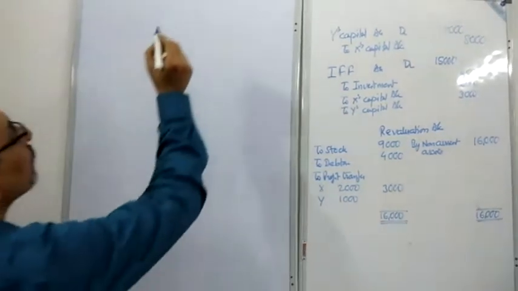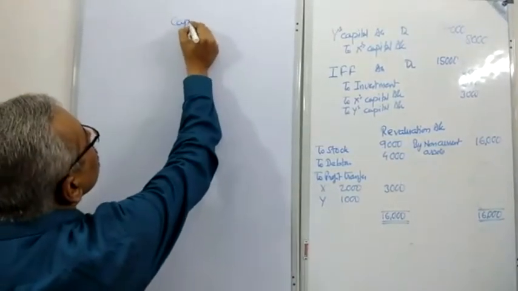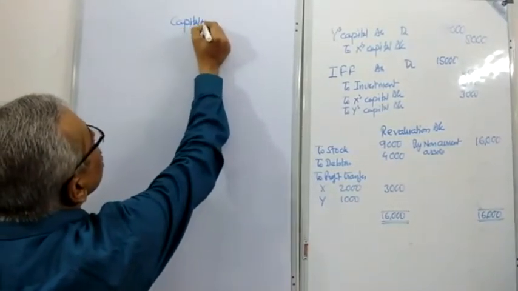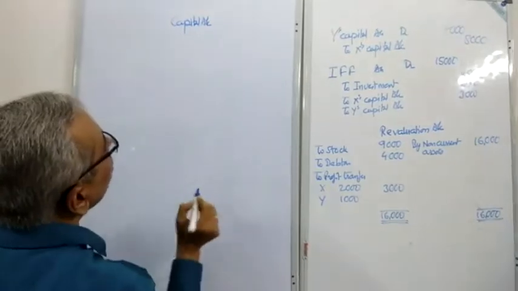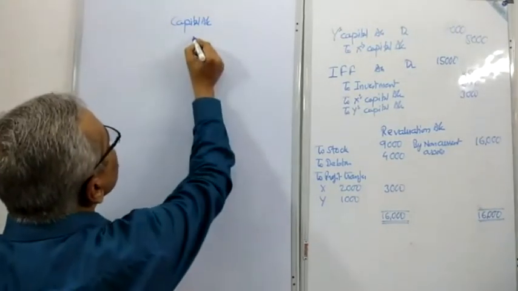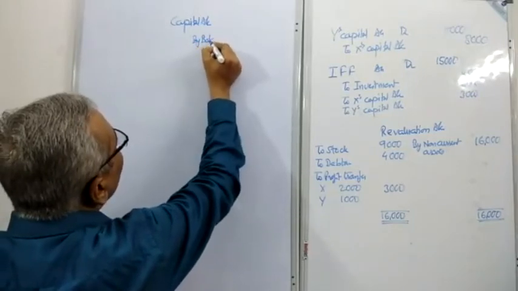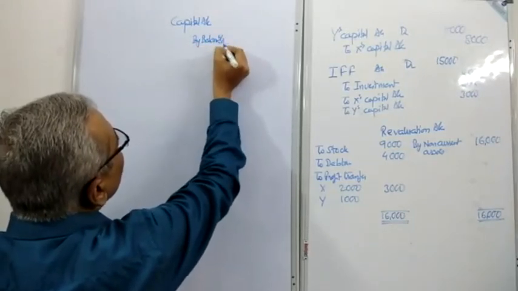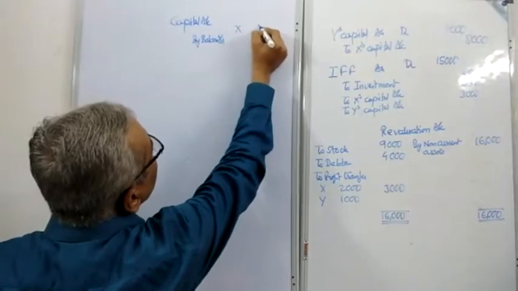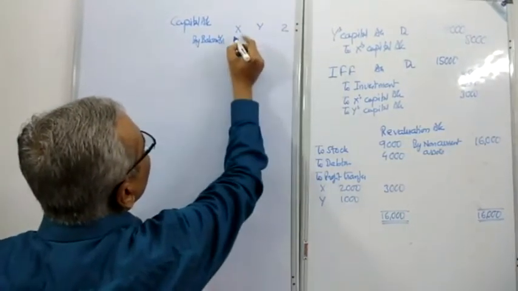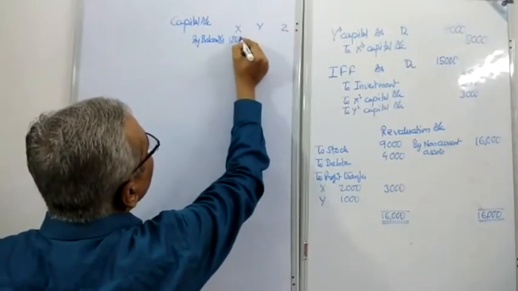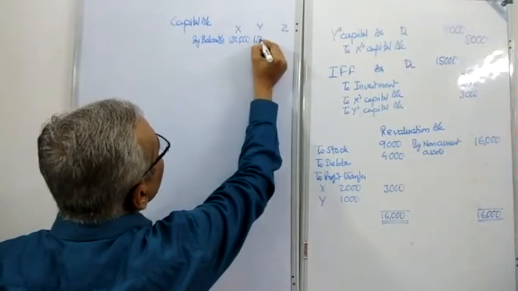So let us start with the capital account. We know that there are three partners X, Y and Z. We'll start with by balance brought down, we have X, Y and Z. And what are the capital accounts? 1,80,000 and 1,70,000.